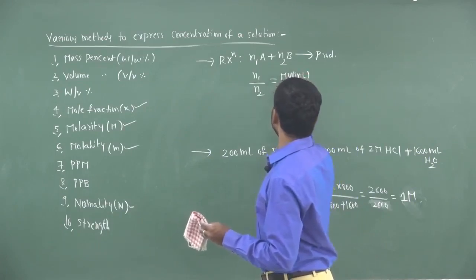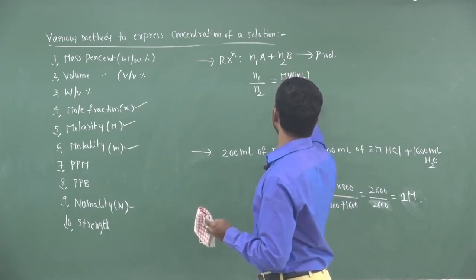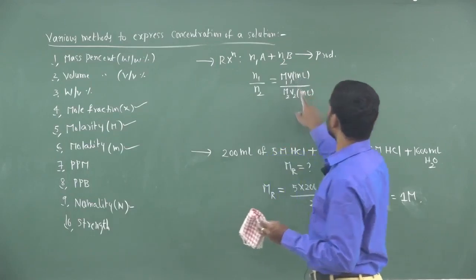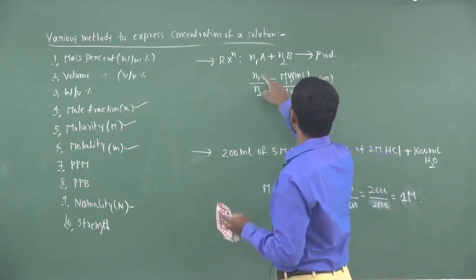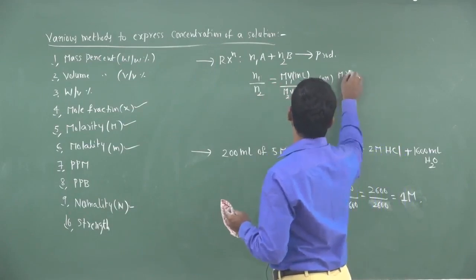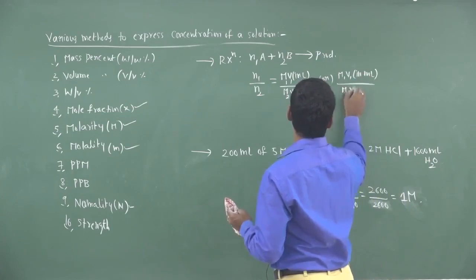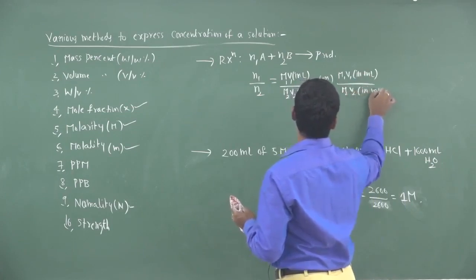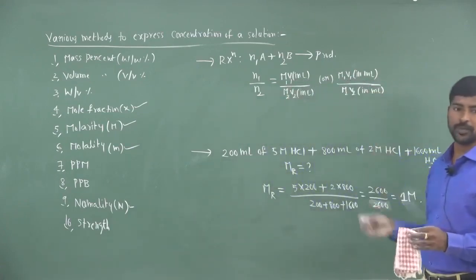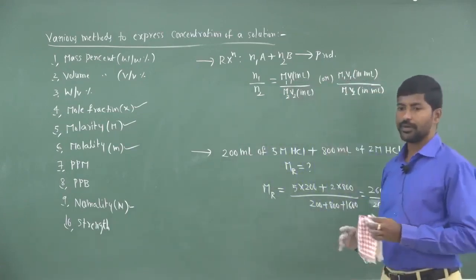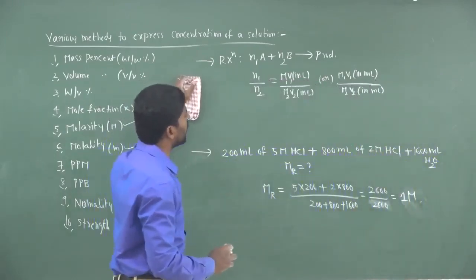So for the first component M1 V1, by the second component M2 V2. Or the ratio of number of millimoles is M1 V1 in ml by M2 V2 in ml. You may substitute volume in liters or in ml, it will give the same ratio.